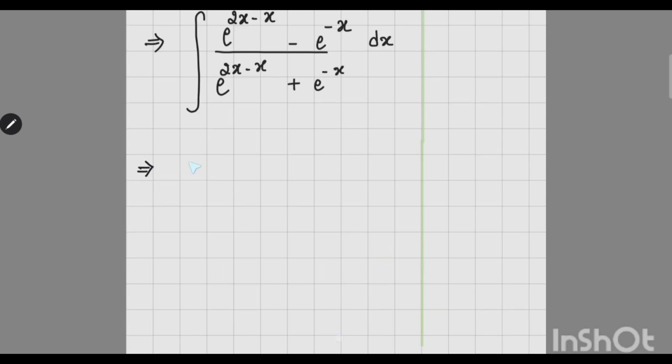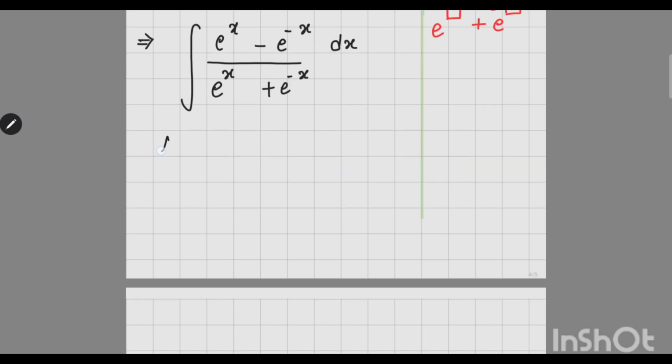This implies integral of e to the power x minus e to the power minus x, divided by again e to the power x plus e to the power minus x, with respect to x. So we got that pattern. Let e power x plus e to the power minus x be equal to t.